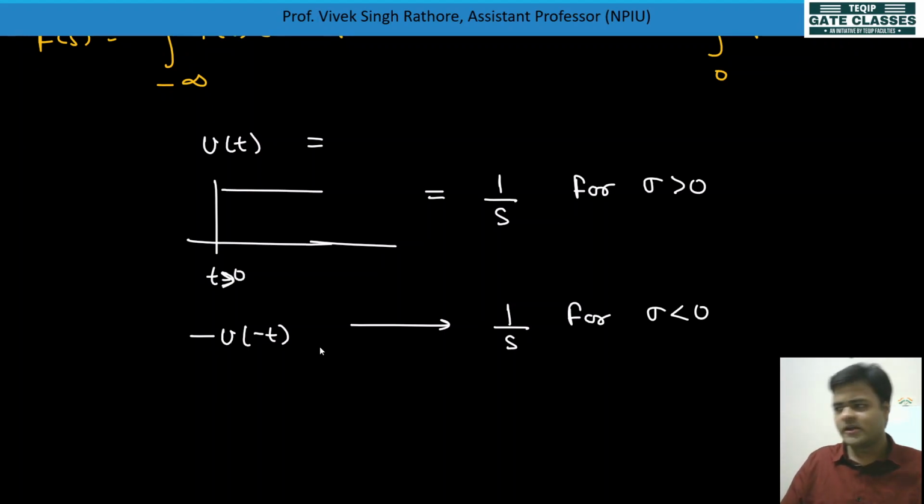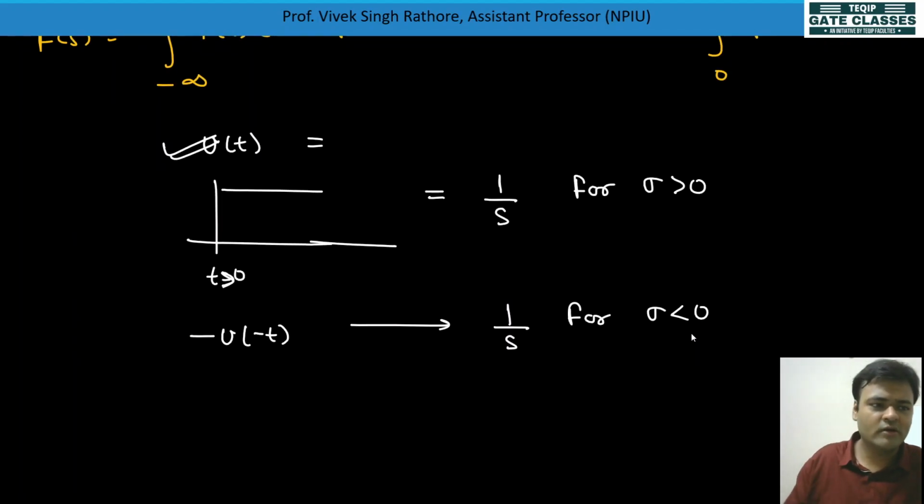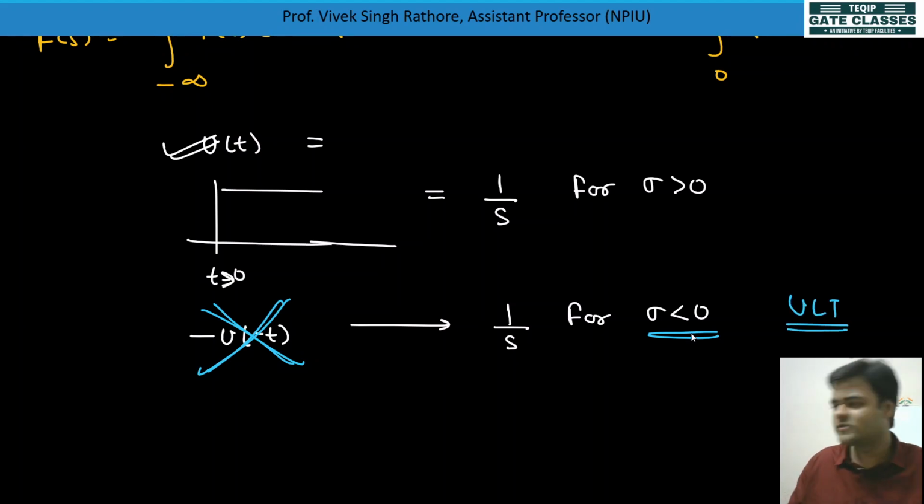For the bilateral transform we have seen that the Laplace transform of u of t is 1 by s for sigma greater than 0, and of minus u of minus t is 1 by s for sigma less than 0. But for the unilateral Laplace transform, we are considering only from 0 to infinite. So how can this value be for sigma less than 0? So this Laplace transform cannot be calculated for the unilateral Laplace transform. This you need to understand.